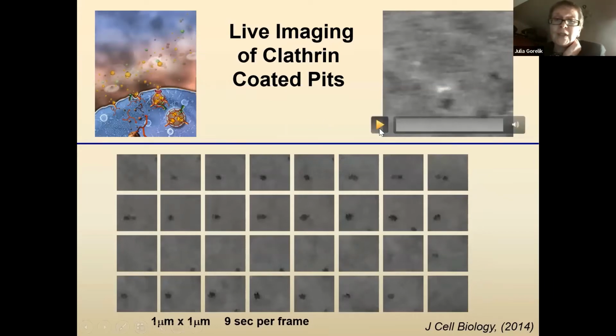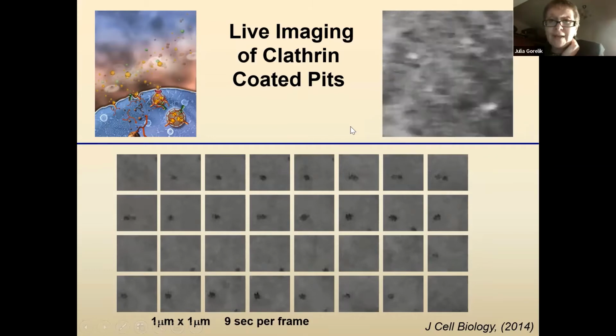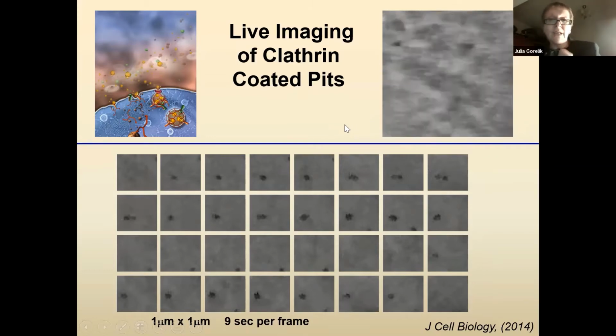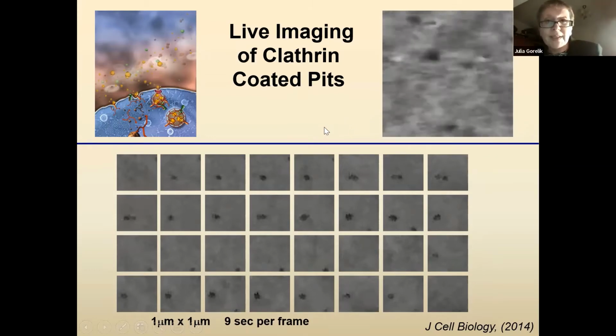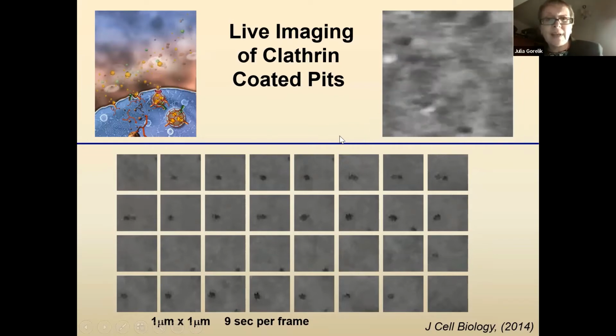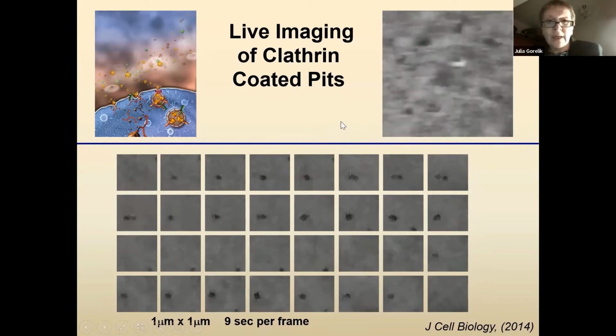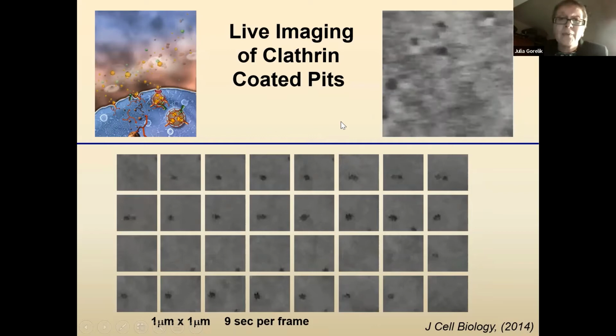We can also use a very tiny pipette and try to image very small features, such as clathrin-coated pits and the dynamics of these clathrin-coated pits on the surface of different types of cells.